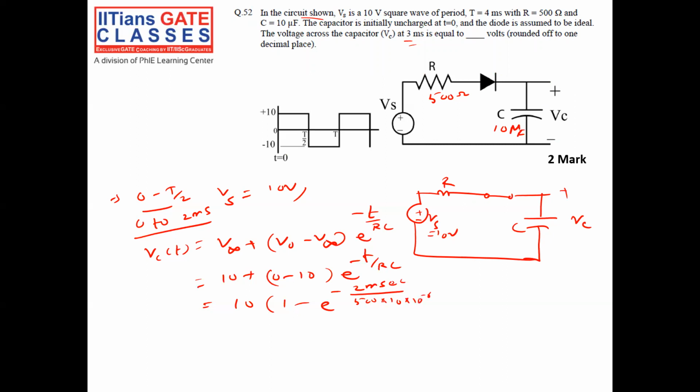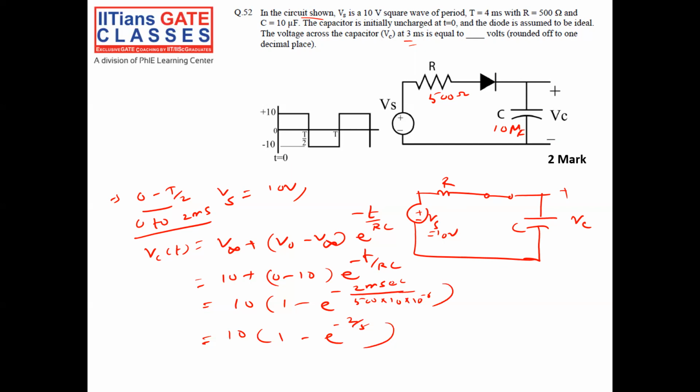So RC is 5 millisecond. So it is equal to 10 into (1 minus e power of minus 2 by 5). Let's use the calculator: 10 into (1 minus e to power of minus 2 divided by 5).